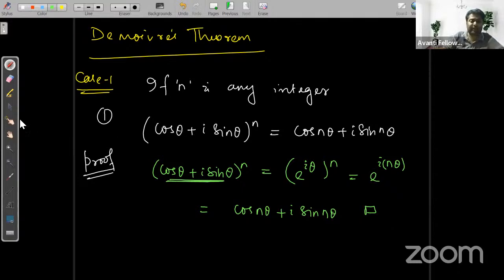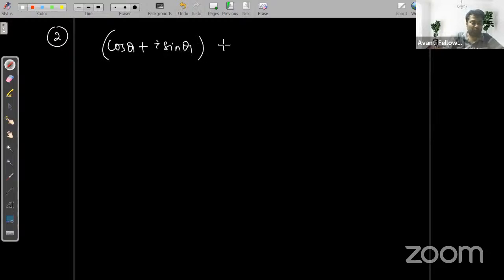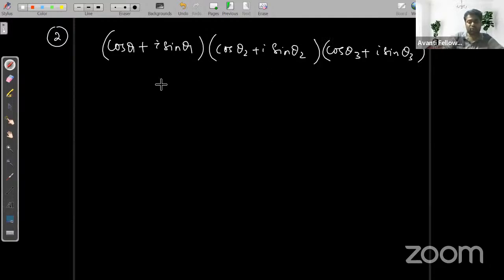Second, in general we can say the second thing is (cos θ1 + i sin θ1) into (cos θ2 + i sin θ2) into (cos θ3 + i sin θ3) and so on up to (cos θn + i sin θn).